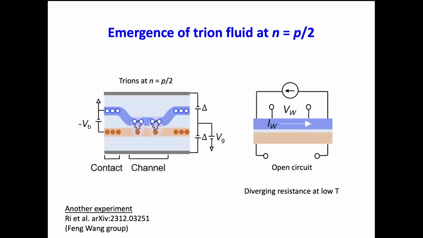What's happening is that when you tune exactly to this condition, where the hole density is twice the electron density, you form a trion bound state in the system. Because the electron is not allowed to flow in this layer, you get an insulator when you measure the hole resistance in the layer. So that's an indication, or evidence, of forming an equilibrium trion fluid when you tune the density to be exactly right.